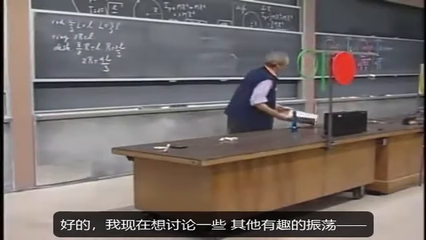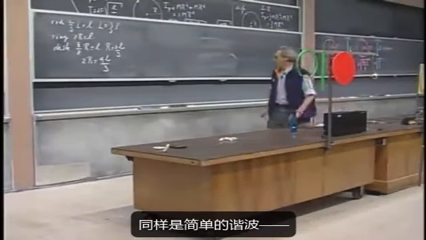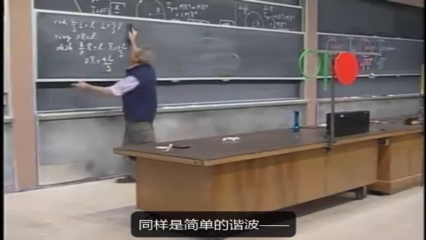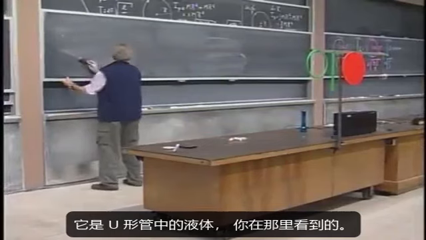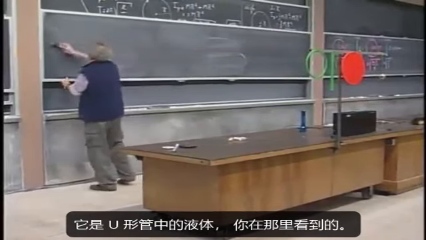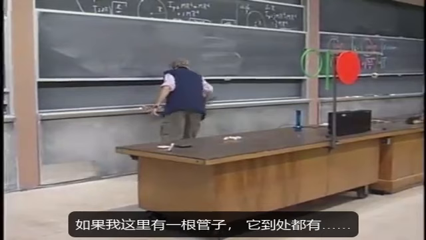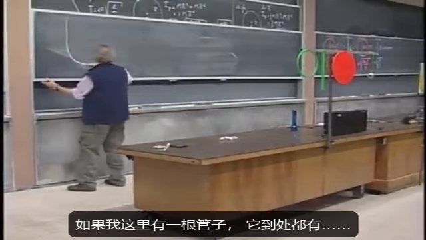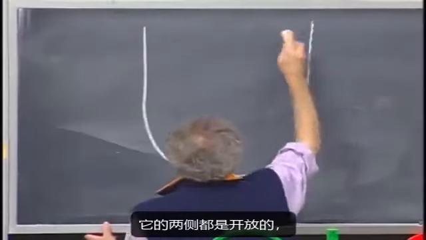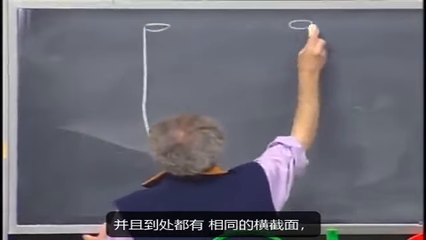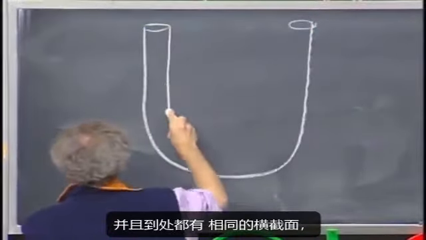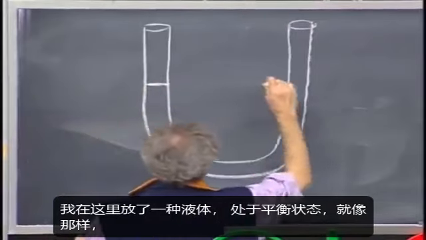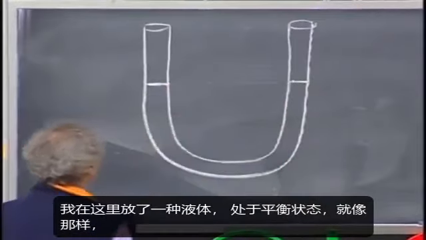Okay, I want to discuss now some other interesting oscillation, again, simple harmonic, and that is liquid in a U-tube, as you see there. If I have here a tube, which is open on both sides, and everywhere the same cross-section, and I put a liquid in here, in equilibrium, just like that.